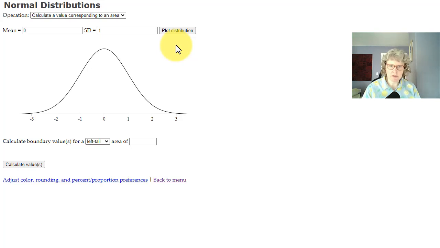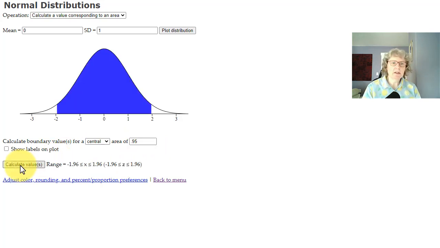This looks normal, right? It looks like how we're expecting our standard normal distribution. 0 in the middle and going by 1s going out. So we want a boundary value for central because we want the middle 95%. So I'm going to put central for an area of and enter 0.95. And click on calculate values. Then click show labels on plot. It will show you the z-scores right on there.